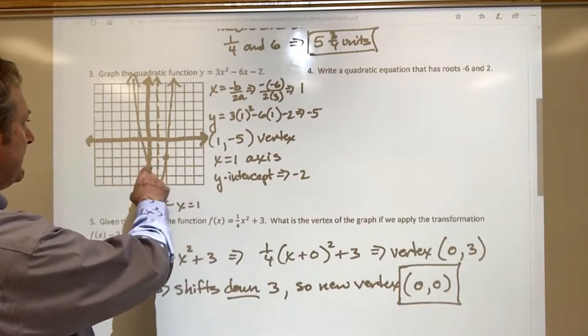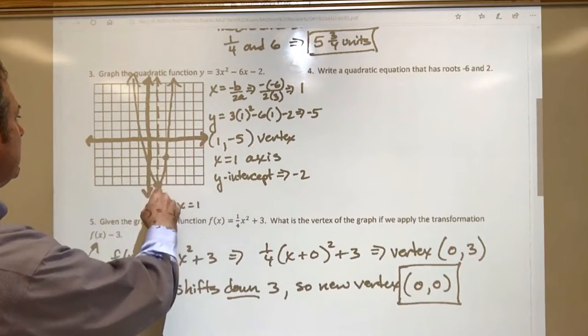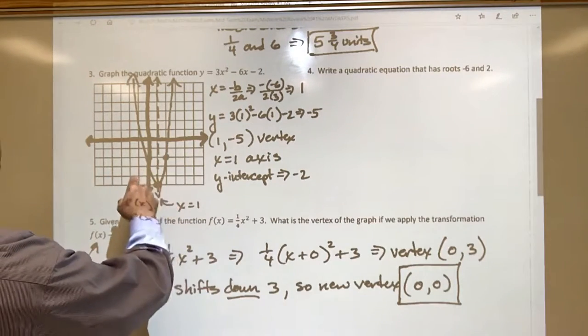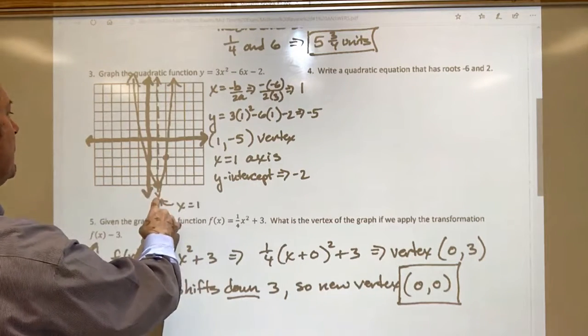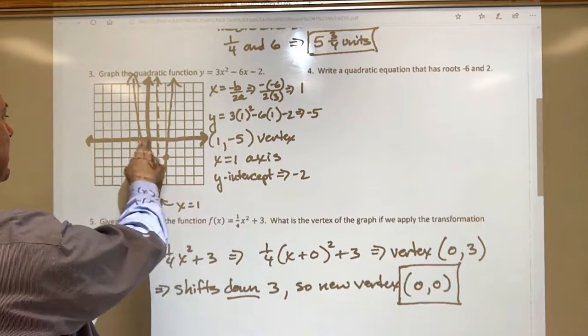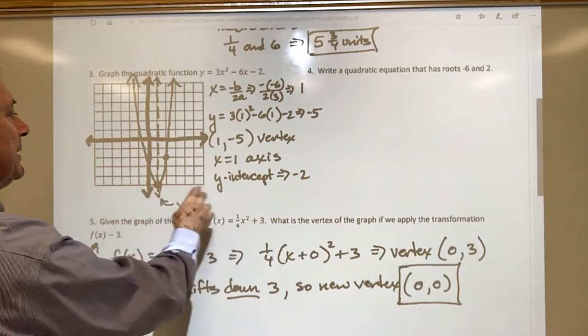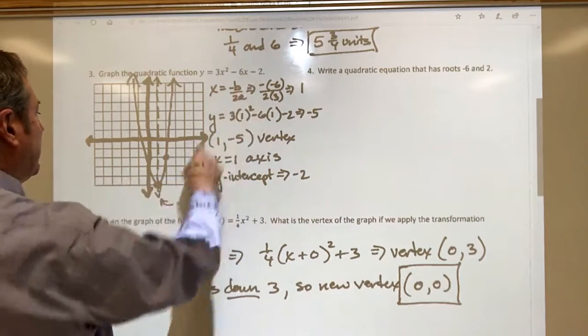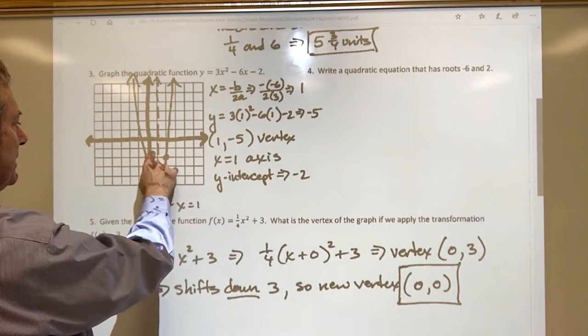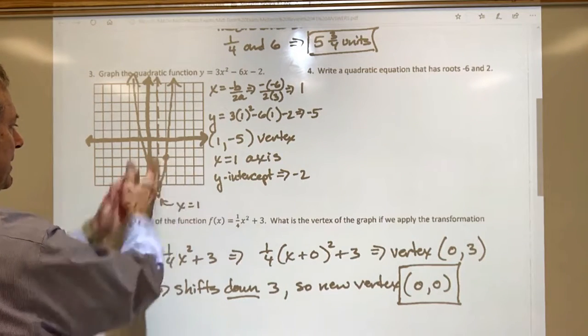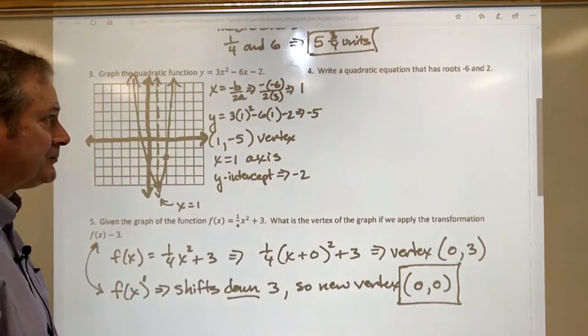And so you locate the vertex at 1, -5. The y-intercept happens to be at -2, so since that's one point to the left, we've got the other point just to the right, and we can draw our equation.